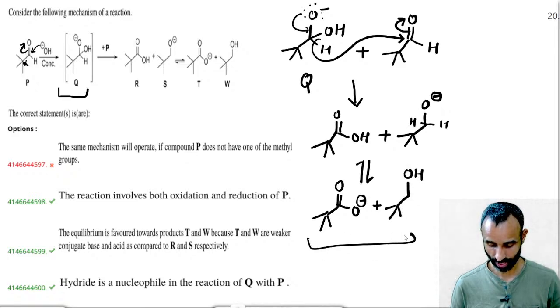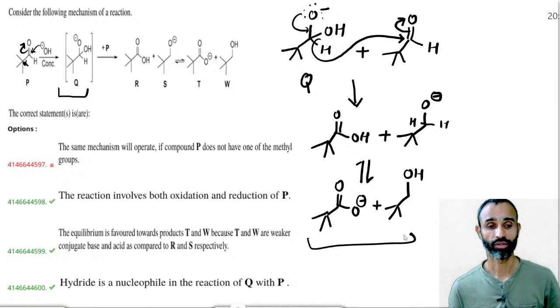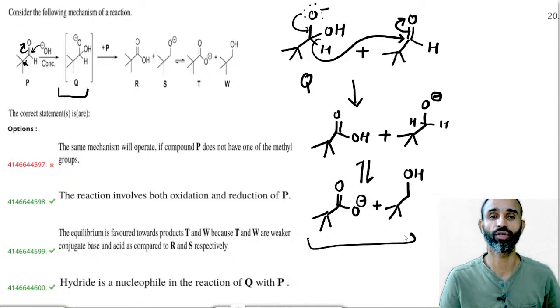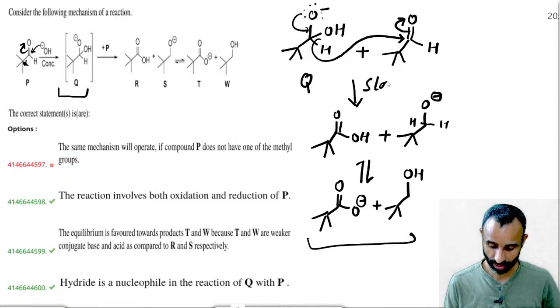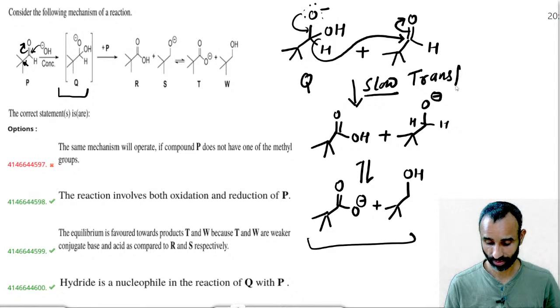So we get these two products. This is the complete mechanism of the Cannizzaro reaction, and transfer of hydride ion is the rate determining step.